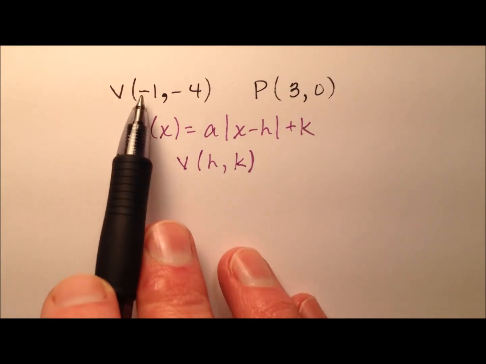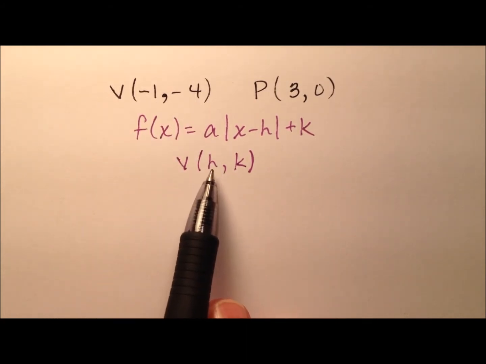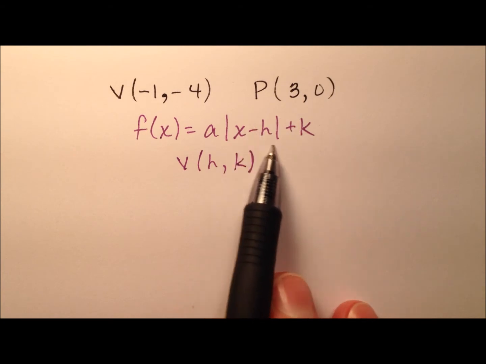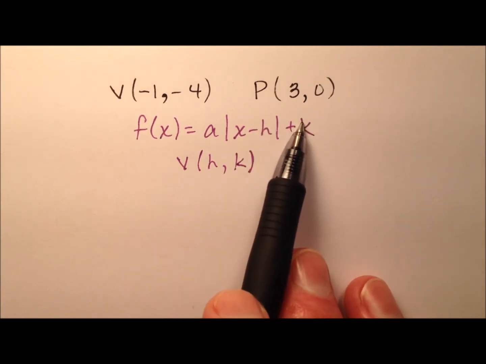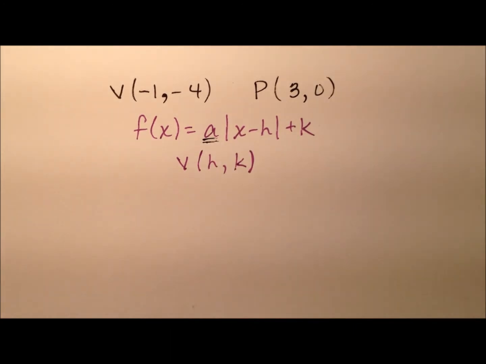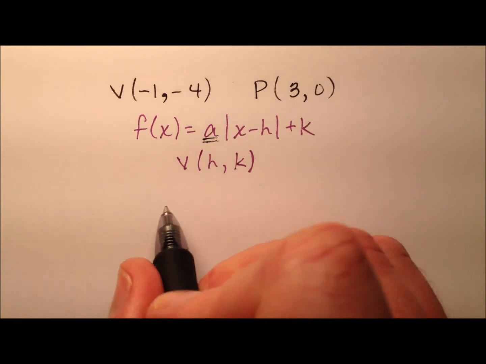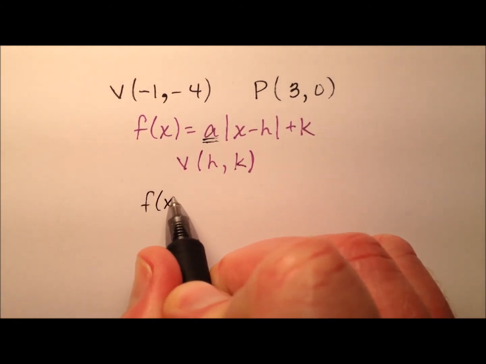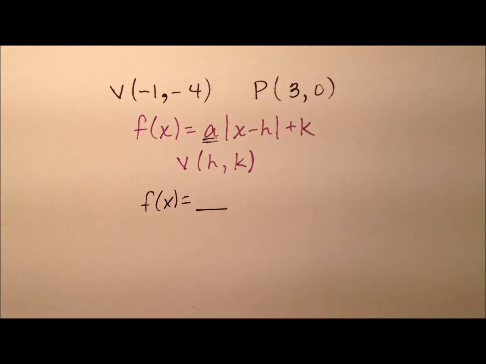If we're given the vertex, and the vertex is the h and k values, it looks like, as far as this back end is concerned, we're totally taken care of. So our concern is this a value. How can we find it, and what does it mean? Let's write what we know so far. f of x equals, and I'll leave a little blank here for our a value. We're not sure what that is yet.